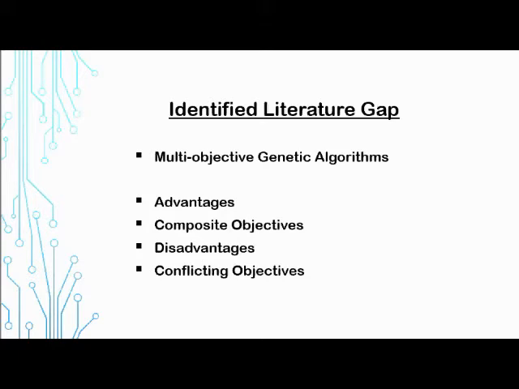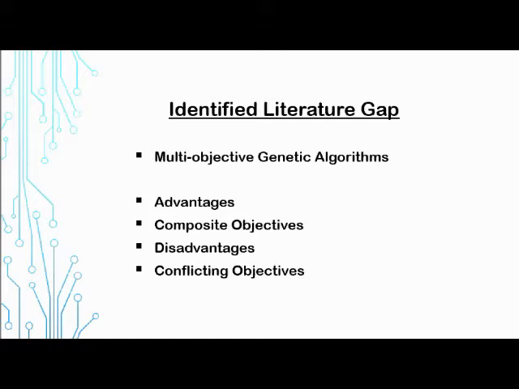Now that I have presented a brief background on component-based software engineering and genetic algorithms, I would like to talk about the gap that I have identified in the literature. The gap is concerning the multi-objective genetic algorithms. The advantage of these algorithms is that they can subdivide a single objective into component objectives and then optimize each one of the component objectives, thereby producing a superior solution.